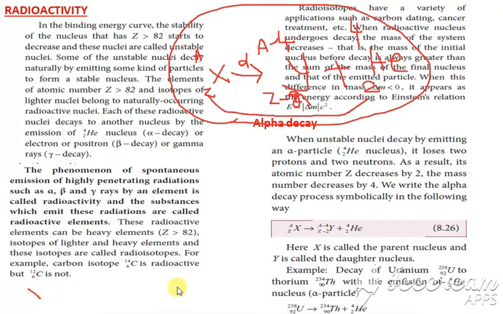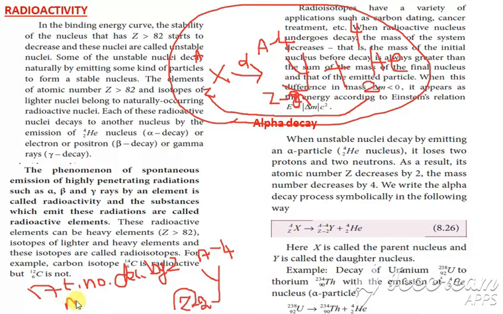So now in Y, if you see, we have Z minus 2 and here we are getting A minus 4. Z is the atomic number, right? So the atomic number has decreased by 2, and the mass number decreases by 4.